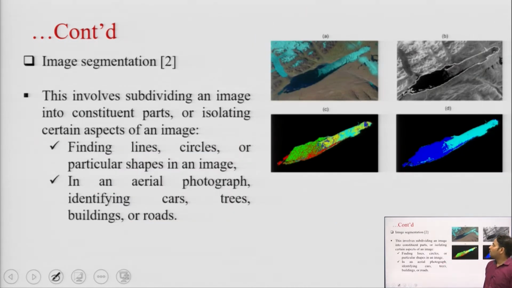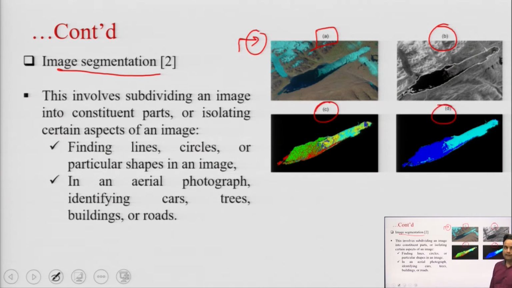Then the next fundamental step of digital image processing is image segmentation, in which your actual image can be divided into segments, and you can summarize your image in this manner. This is your input image, this is another kind of image, this is another kind of image, and that one is also another kind of image.